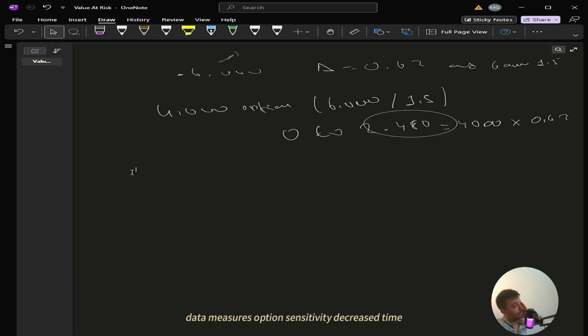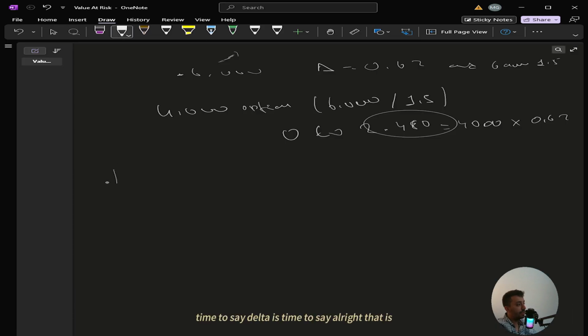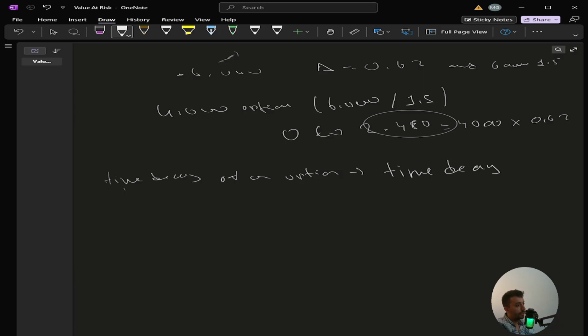Theta measures option sensitivity to the decrease in time to expiration. Theta is the option's sensitivity with time, also termed time decay. Theta is the time decay of an option, and it varies as a function of both time and the price of the underlying asset.